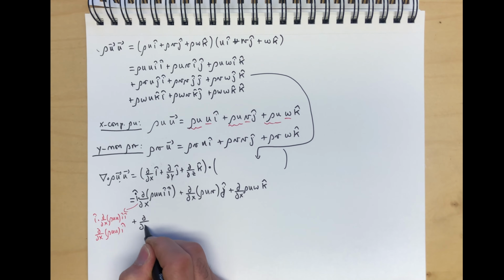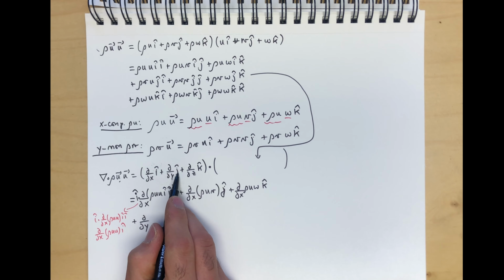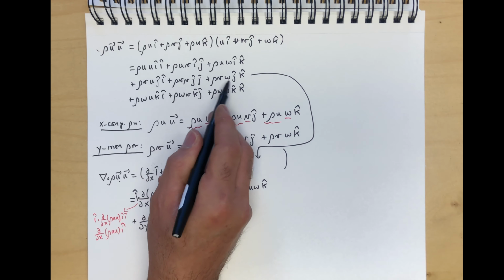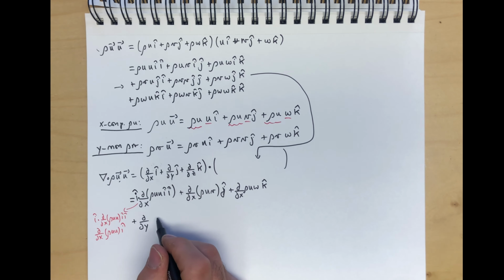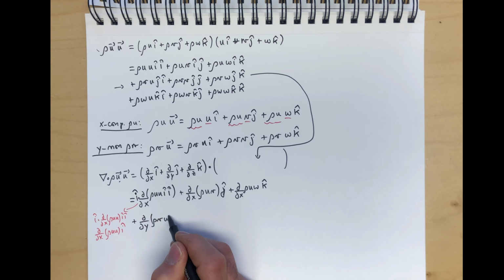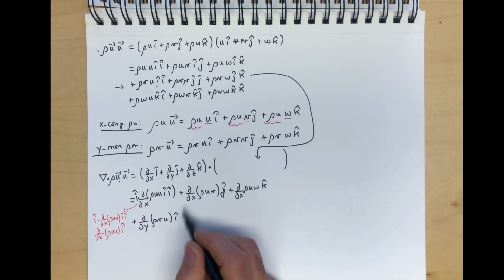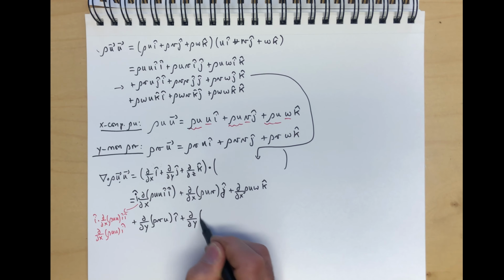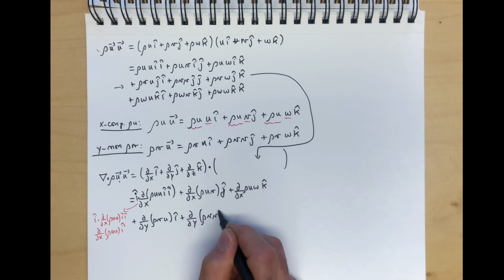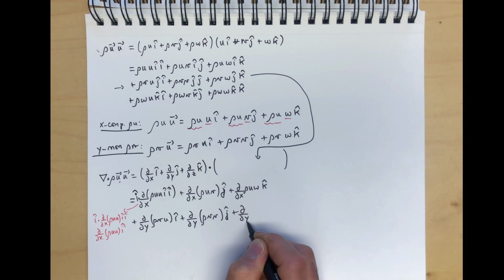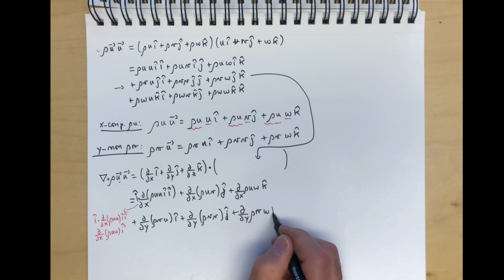Now d by dy, we have a j dotting this, so j dot i will be 0. And j dot j is 1, so only this row is non-zero. So we get d by dy of rho v u, j dot j is 1, so we get an i over here, plus d by dy of rho v v j, plus d by dy of rho v w k.